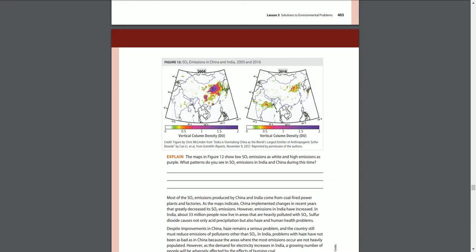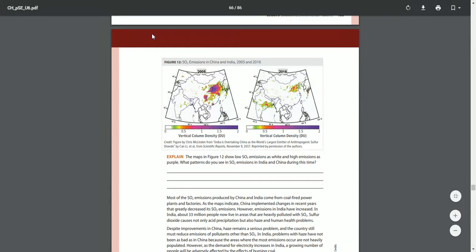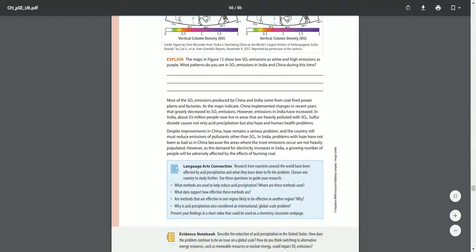But then notice India, which is developing a little bit behind China, now has more pollution. And so it's tough because you can't just say, hey, you can't pollute, because that means they can't get energy. And no energy means no electricity, means a much worse quality of life. So it's a difficult situation.